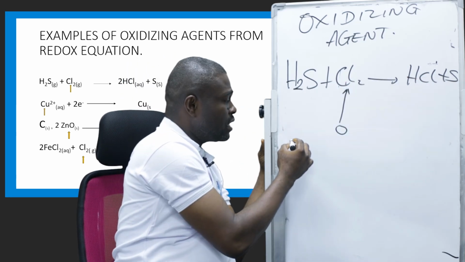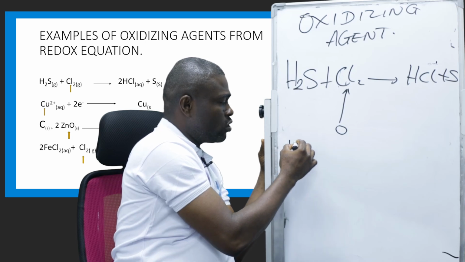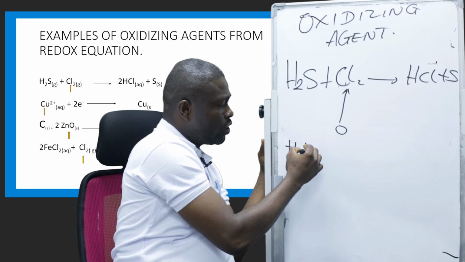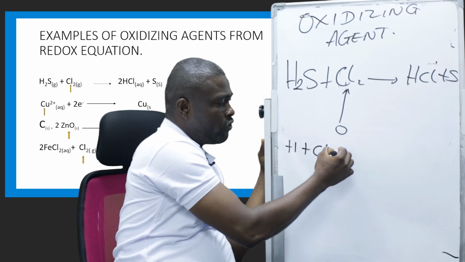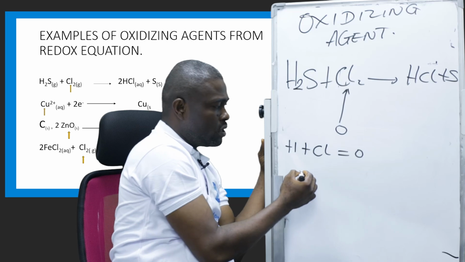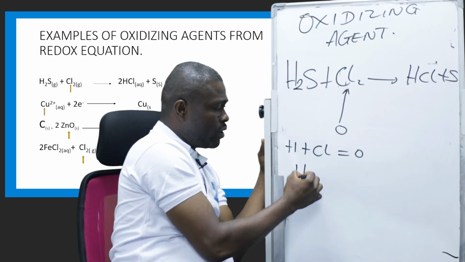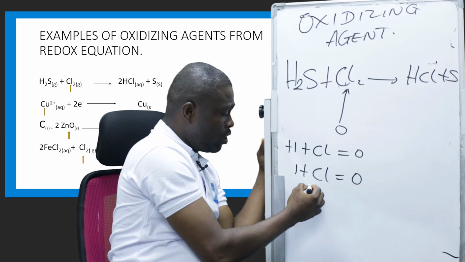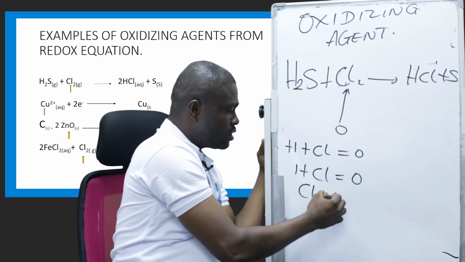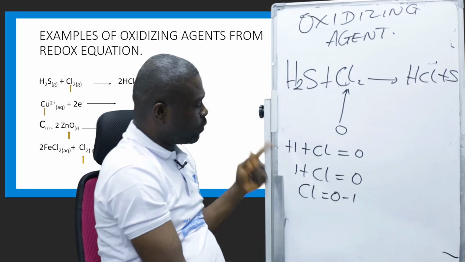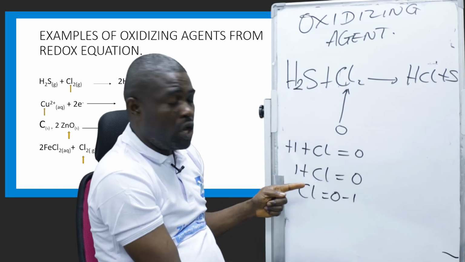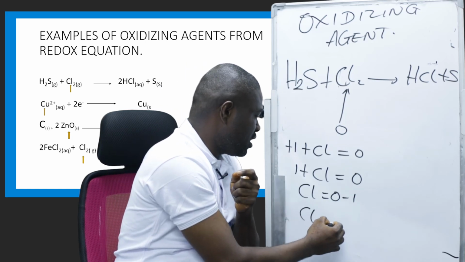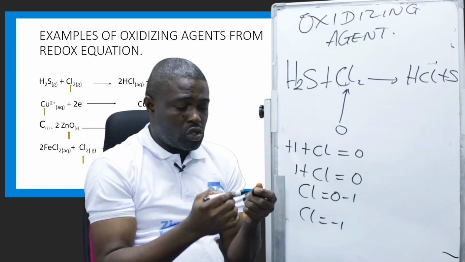If I do that, hydrogen loses 1 electron, which is +1, plus chlorine, which I am looking for, is equal to 0. So 1 plus chlorine equals 0. So what is chlorine therefore? Chlorine is equal to 0 minus 1. Of course, +1 crossing the sign of equality will definitely become -1. So the oxidation number of Cl is equal to -1. So what happened?